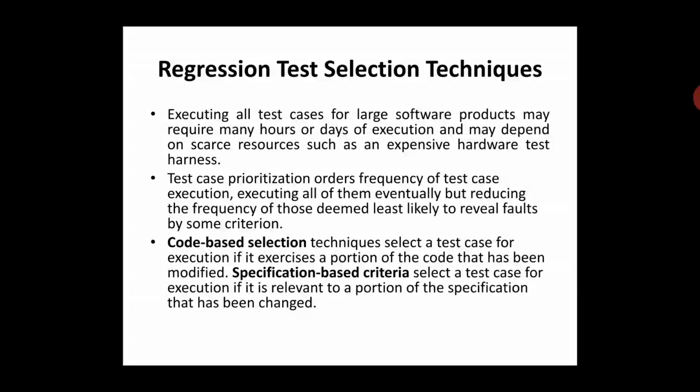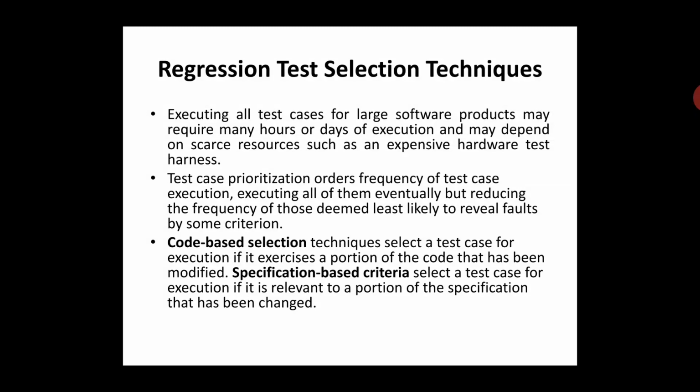It depends on the resources also, such as an expensive hardware test harness. If your code requires execution under an expensive hardware test harness, it requires many days and many hours of execution.